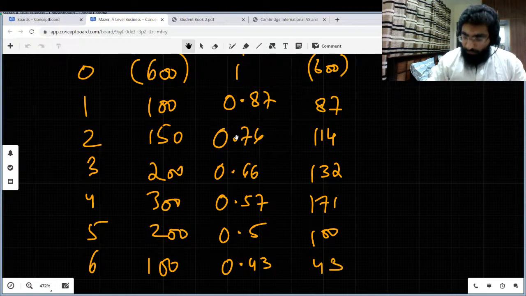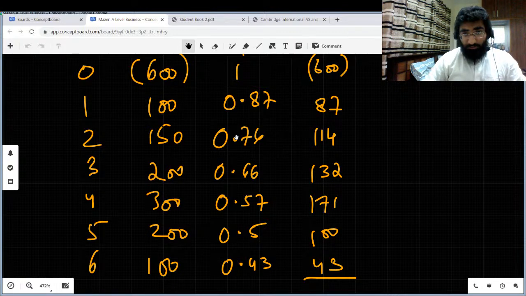Could you give me the sum of all these, including that minus 600 at the top? So minus 600 plus 87 plus 114 plus 132 plus 171 plus 100 plus 43. I got 8.